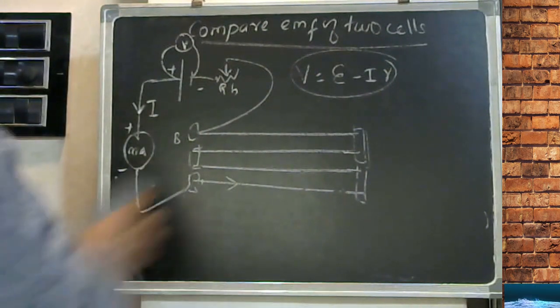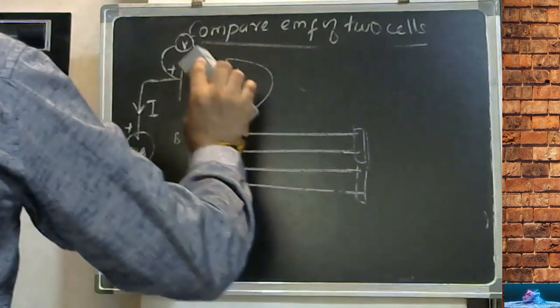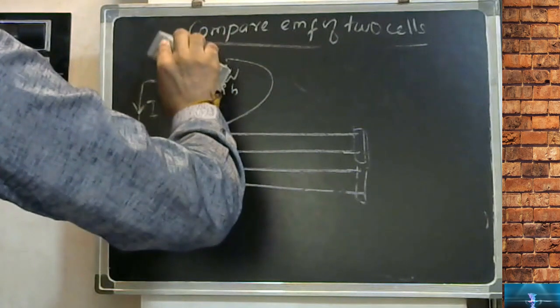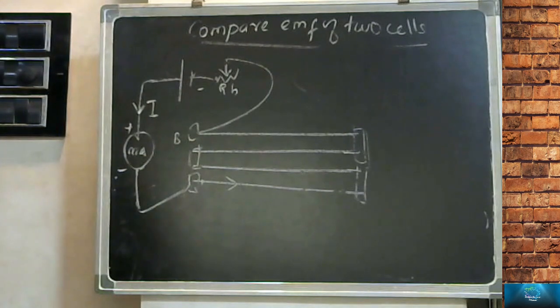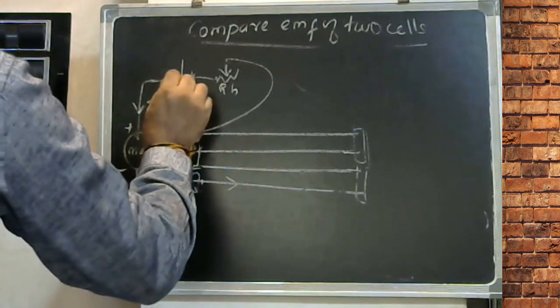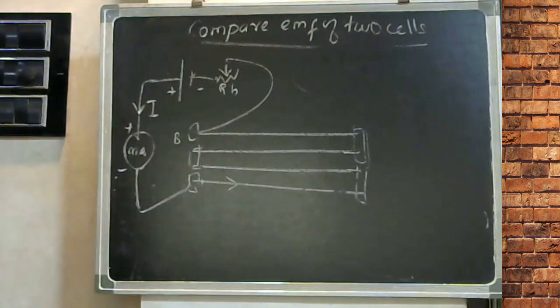A voltmeter cannot be used to measure EMF because a voltmeter draws current. So you cannot expect it to measure your EMF. A potentiometer is used because a potentiometer doesn't draw current. That's the reason why it gives a proper answer.